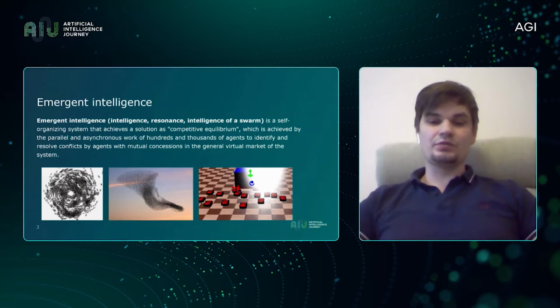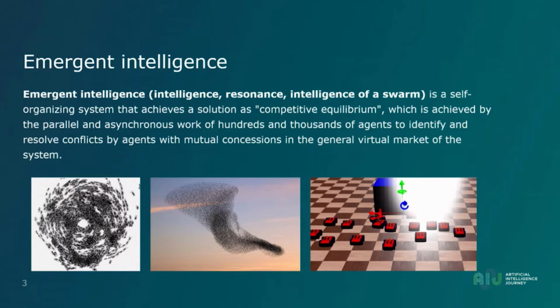So, actually, emergent intelligence is the one that exists in a group of single objects, and many know it as a group intelligence or intelligence of a swarm. And one of the examples are ant algorithms, algorithms of work and movement of groups.